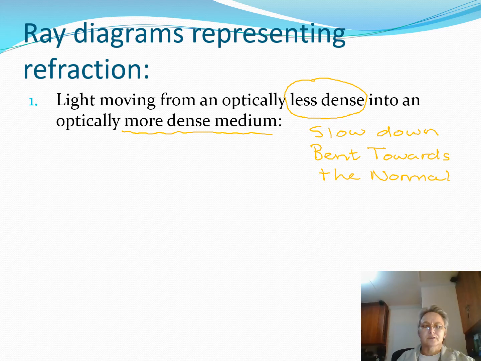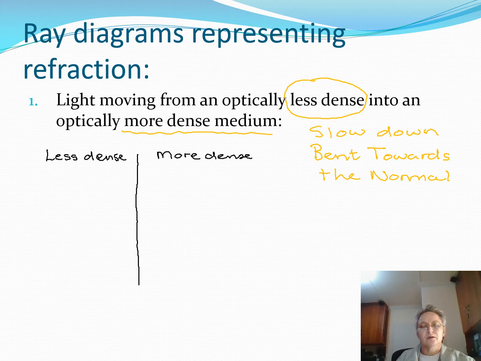So let's make a sketch. There is the surface. It should be a straight surface to make life easier, between an optically less dense medium and a more dense medium.